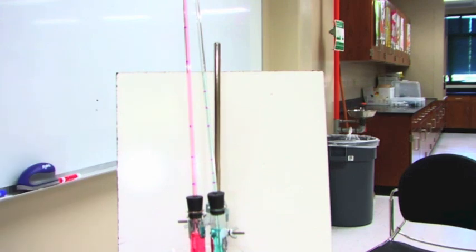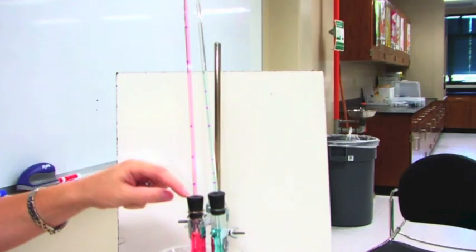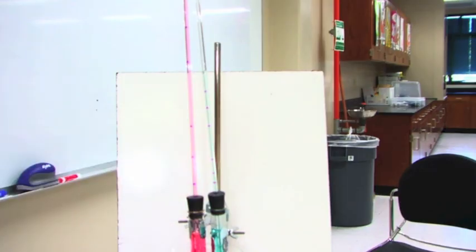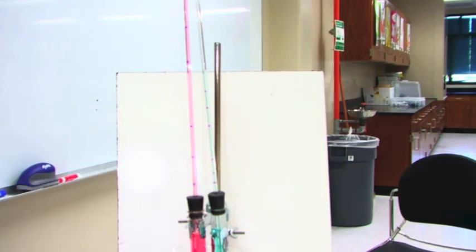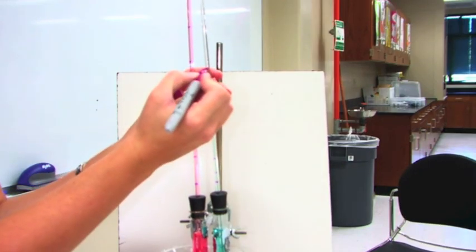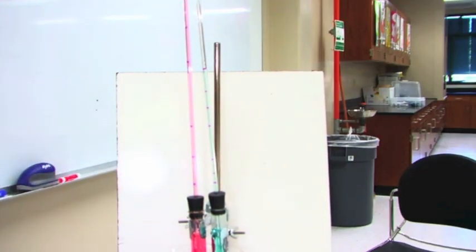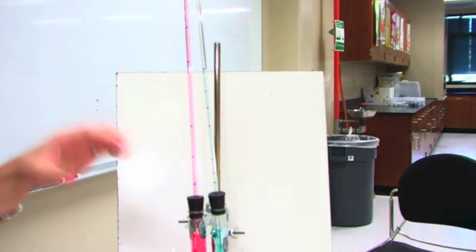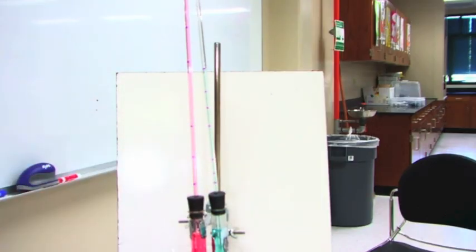Well, we think that they should be moving faster in the alcohol. So there should be a slightly different temperature in the alcohol versus the water. But it would take extremely precise temperature readings and thermometers to be able to detect the difference between both of these. Certainly more precise than what we have here.